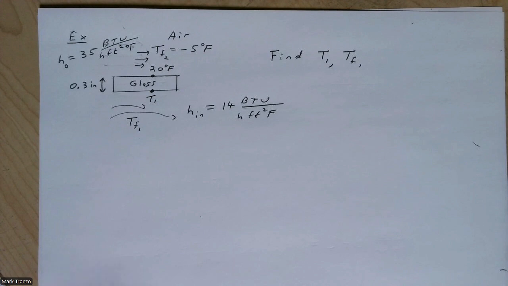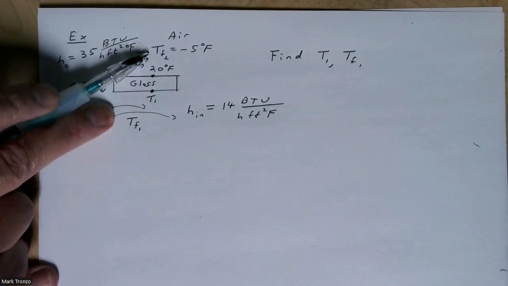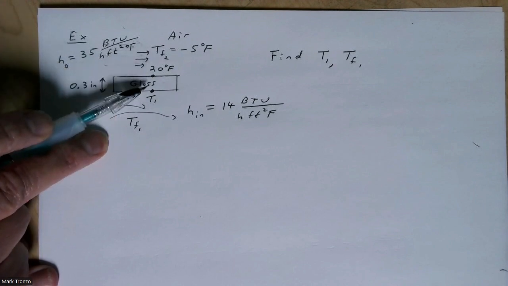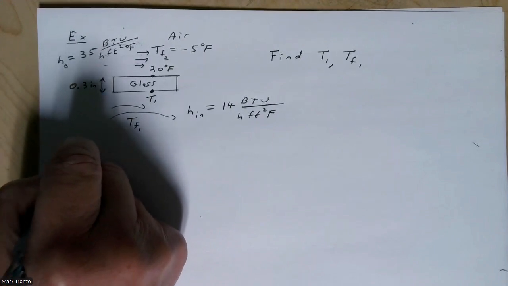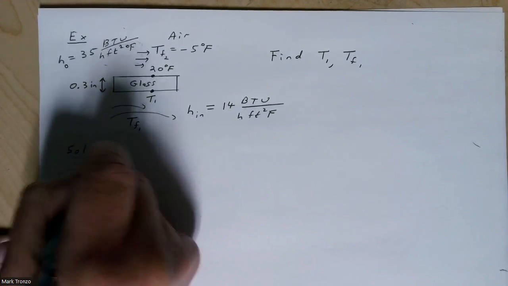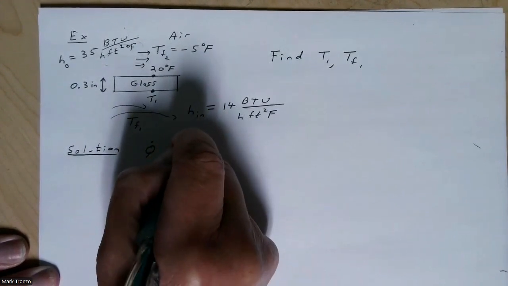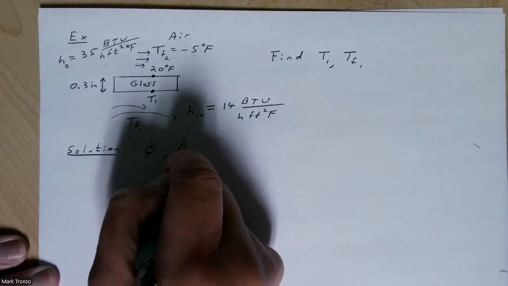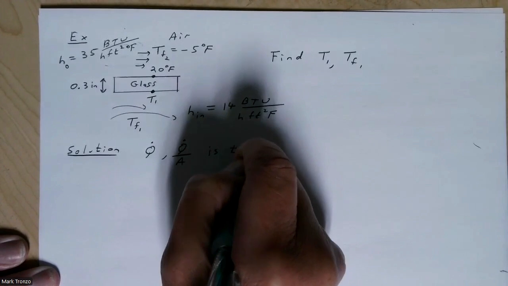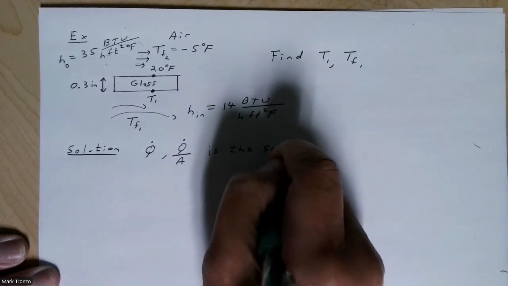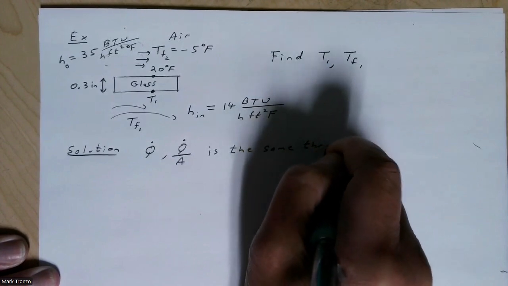Often the way to approach these problems is to start by calculating a place where you can find some information. So keep in mind a couple of things. Q dot, or if it's a Q dot per area, is the same through all the layers.